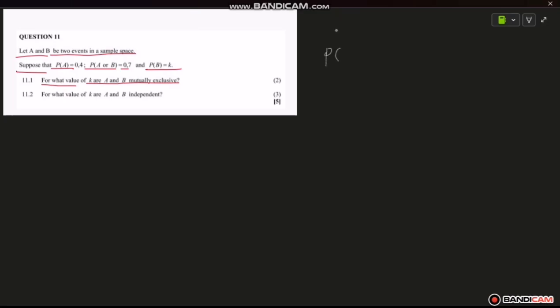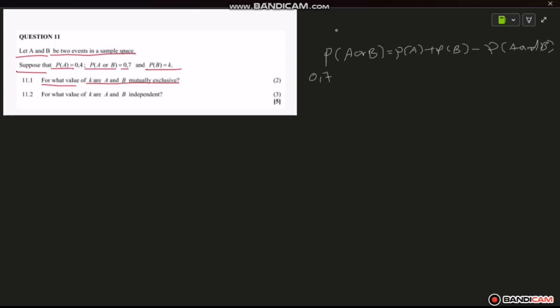So it will be P of A or B equal to P of A plus P of B minus P of A and B. Then we can substitute the values that we are given.